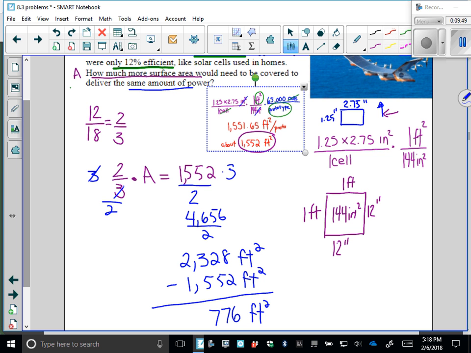So kind of summarizing, if we have 18% efficiency, we only would need to cover 1,552 square feet. But if it's 12% efficiency, less efficient, you have to cover more surface area.